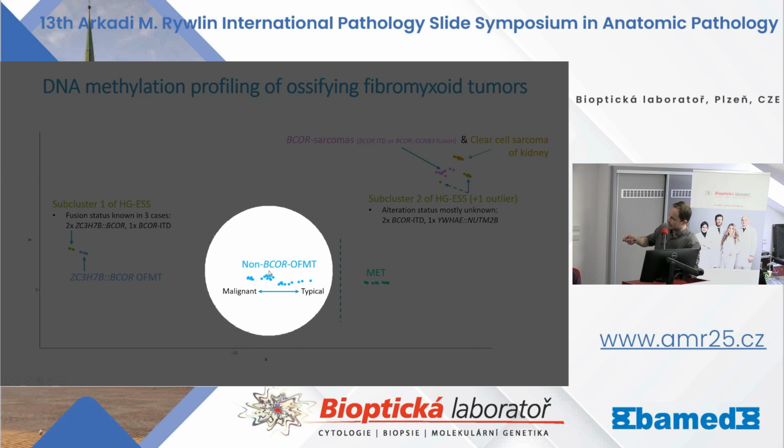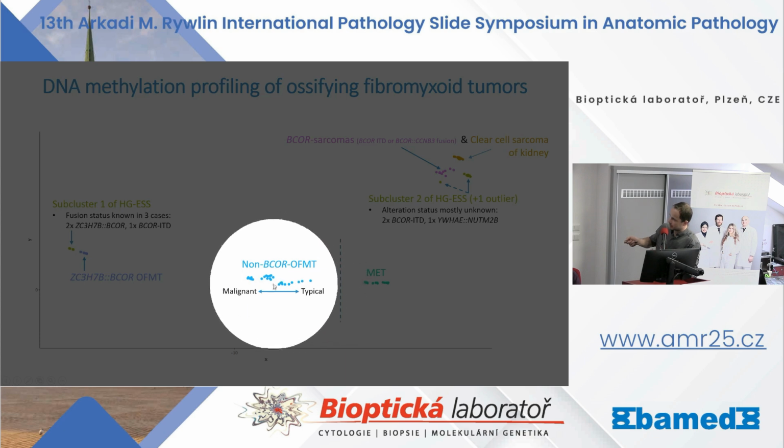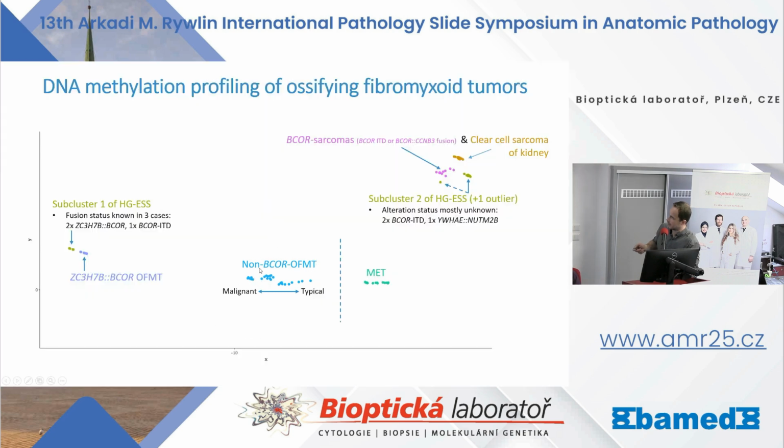And there was also an interesting trend where the typical, histologically benign looking cases tended to be here on the right side, and the more aggressive, the atypical and especially the malignant cases tended to be on the left side for whatever reason. I can explain that.